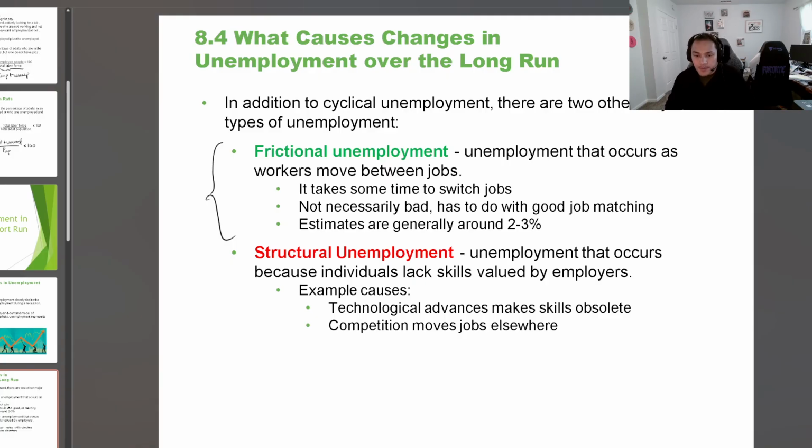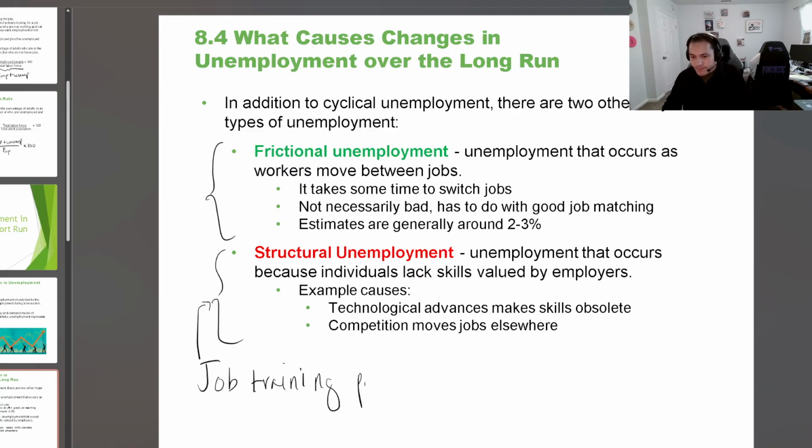The one that is a little more difficult, but we won't target policy towards, is structural unemployment. These are situations in which your skills are no longer utilized in the labor market. A lot of times we might not have very specific policies, but we saw this in the New Deal, with the creation of job retraining programs.